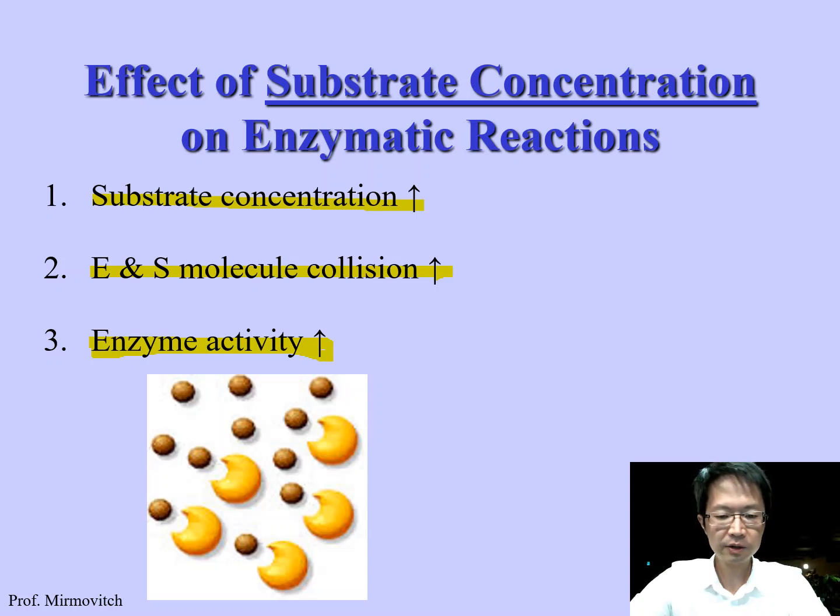So in here, you can see that this yellow thingy here is the enzyme. This brown looks like chocolate. The yellow looks like cookies, and the brown circle looks like chocolate. So the brown circle is the substrate.